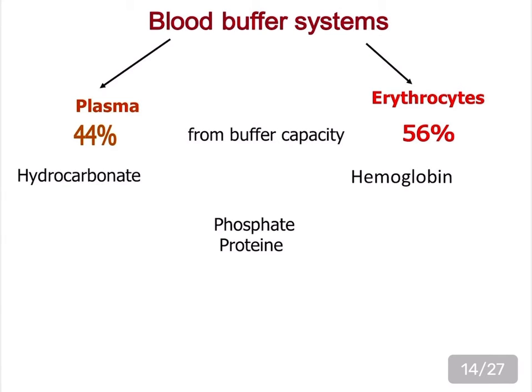There are several buffer systems that act in blood. In general, they are divided into buffer systems of plasma and buffer systems of red blood cells, or erythrocytes. In plasma, the most important buffer system is hydrocarbonate.